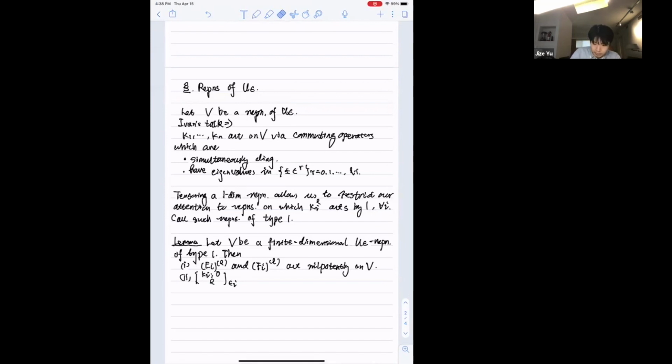They act diagonalizably and with integer eigenvalues. Okay, so the proof of this is more or less by computation, and I will leave it as an exercise, but I will list out all the combinatorial identities that will be used in the proof.